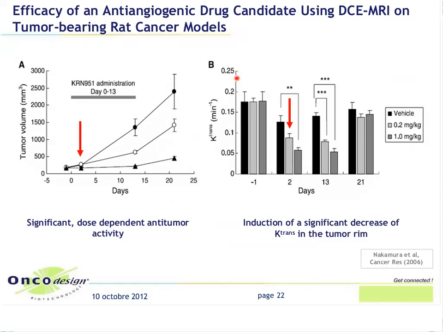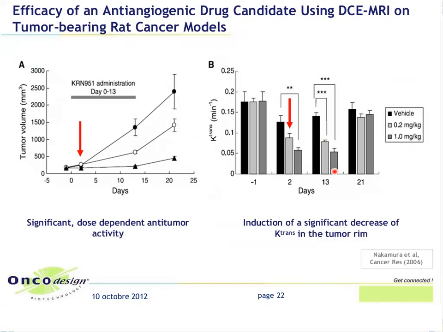Relative to the fact that rat tumor models are appropriate to study anti-angiogenic compounds, at Oncodesign we have performed a study and tested an anti-angiogenic drug. Here, we present the tumor volume measured with a caliper during the course of the experiment. At day 2, 48 hours after the initiation of treatment, we were able to observe a significant Ktrans decrease, whereas at the same day with a caliper, the anti-tumor effect of the compound was not yet visible.